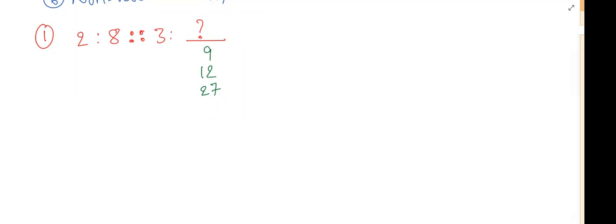Anybody with any more answers? If you ask me, I can give this many answers. How many? I can give infinite answers, uncountable answers for this question. So out of these infinite answers, these are the 3 possible answers.